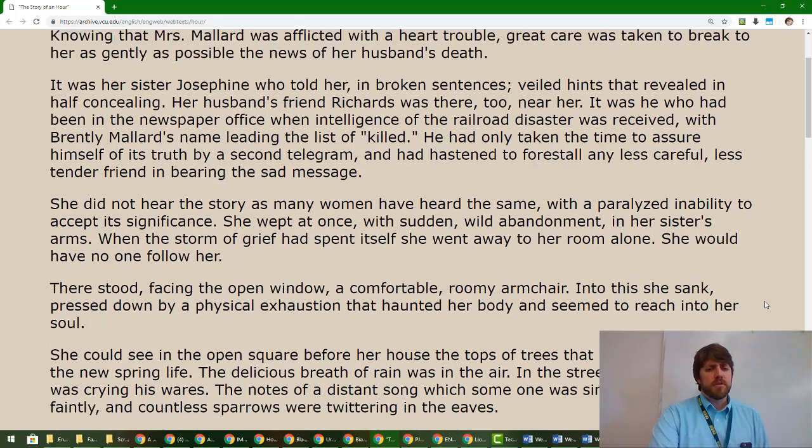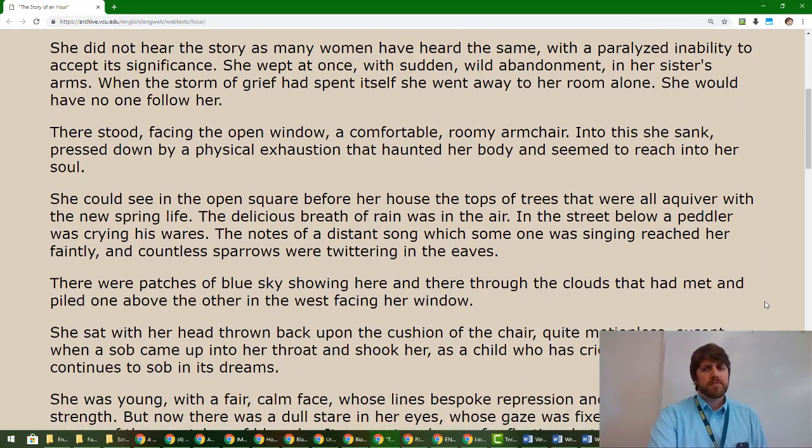She did not hear the story as many women have heard the same, with a paralyzed inability to accept its significance. And she wept at once, with sudden, wild abandonment in her sister's arms. And when the storm of grief had spent itself, she went away to her room alone. She would have no one follow her.